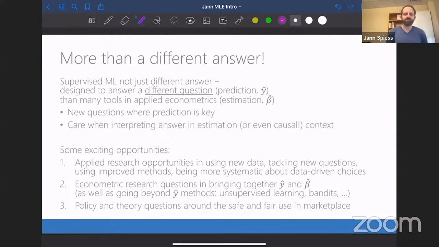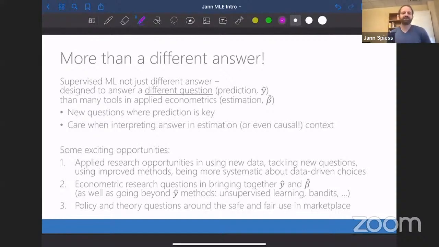First of all, applied research opportunities where we can use new data, tackle new questions or use improved methods, and we can be more systematic about data-driven choices by adapting methods or paradigms from machine learning. Second, there are also very exciting econometric questions that bridge the gap between y hat and beta hat. So basically, how can we use good predictors if we actually have a parameter estimation problem, by effectively using the machine learning part for some nuisance components?